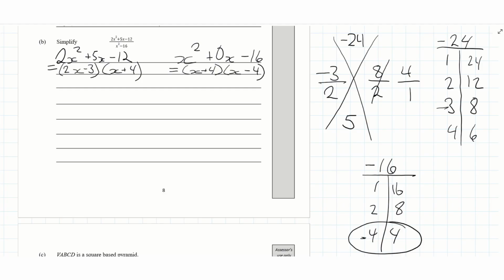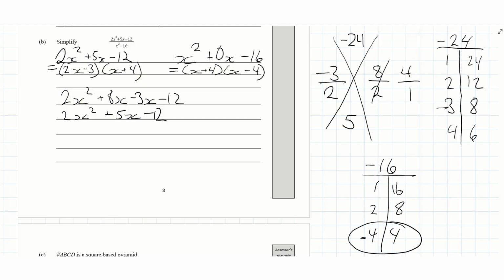And we could check our work if we wanted to. I could apply FOIL to either one of these, right? I could do first times first, 2x squared, 2x times plus 8x minus 3x minus 12, and then simplify that, 2x squared plus 5x minus 12.